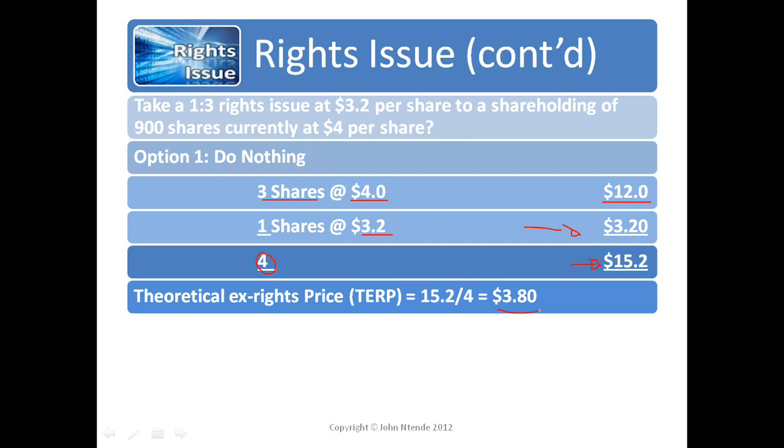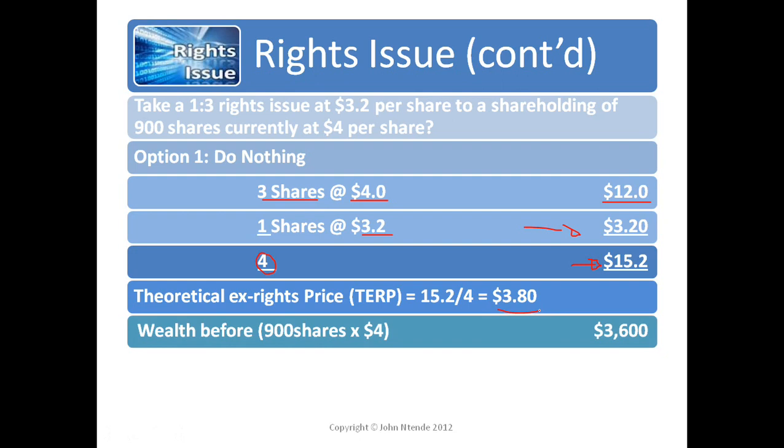We need to evaluate just before the rights issue what our wealth was, and just after, what the new wealth is. Before, we had 900 shares, each trading at $4, which gives us $3,600.